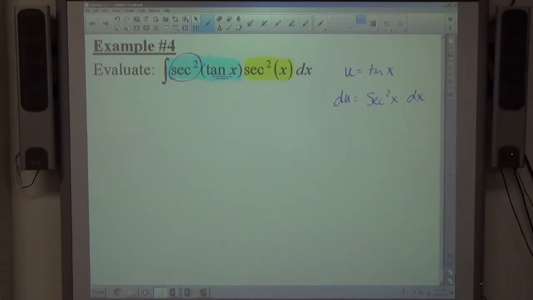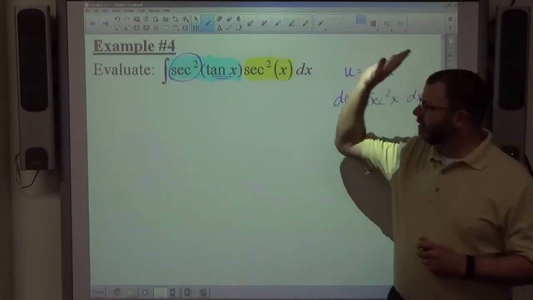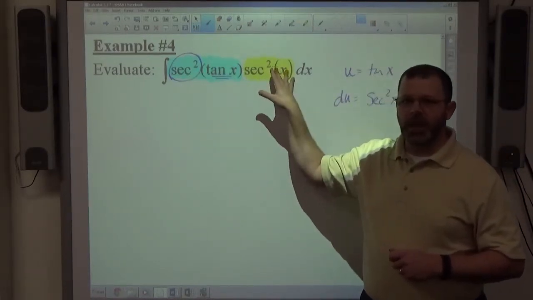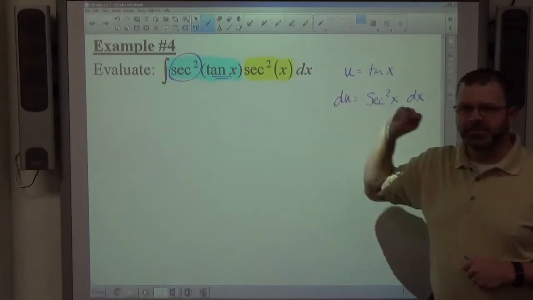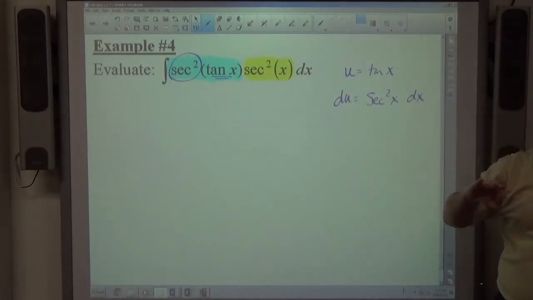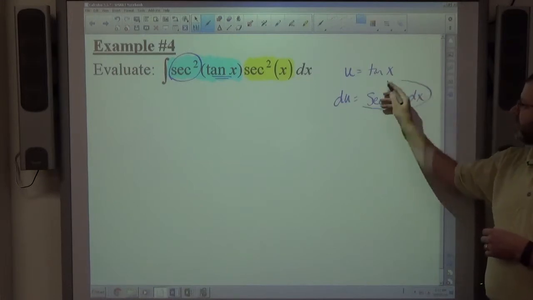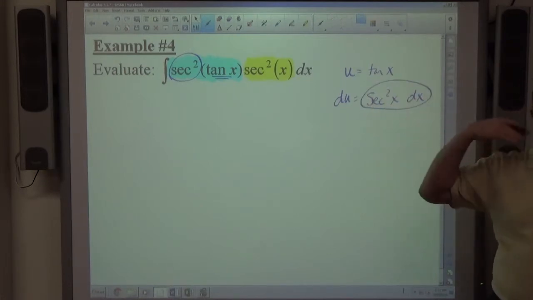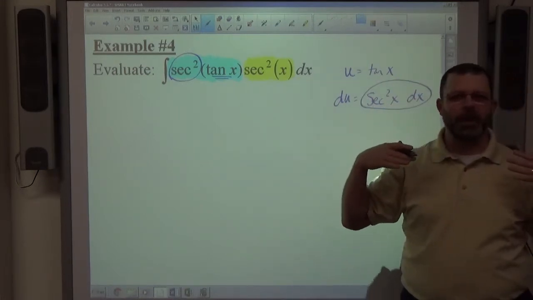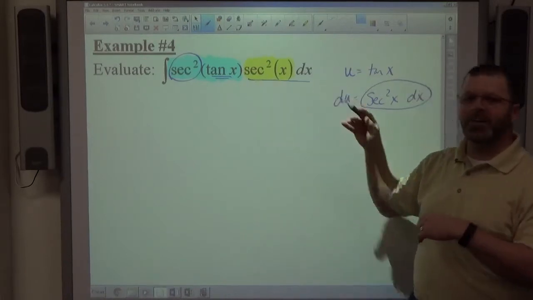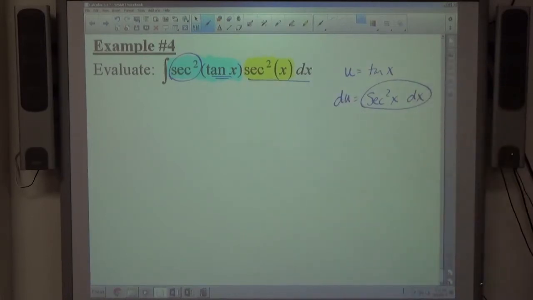Now this is like the wonderful stuff that happens sometimes when you're doing all this ignoring of things. I was focusing on this, I was ignoring that. That didn't exist because I couldn't see it. My eyes just blurred out. I did this, and notice secant squared of x, dx shows up, and this little faint memory, wasn't there something in this problem kind of looked like that? Oh yeah, there was, and then all of a sudden it just shows up in my face again.